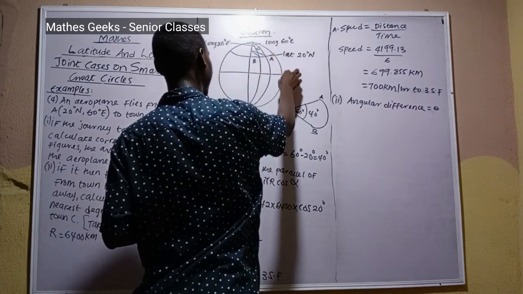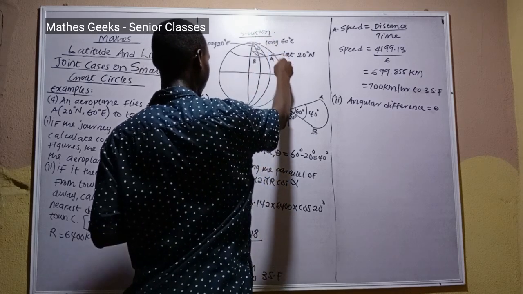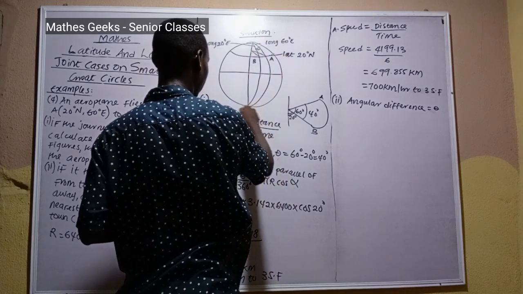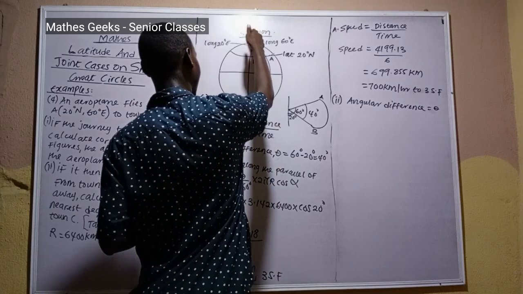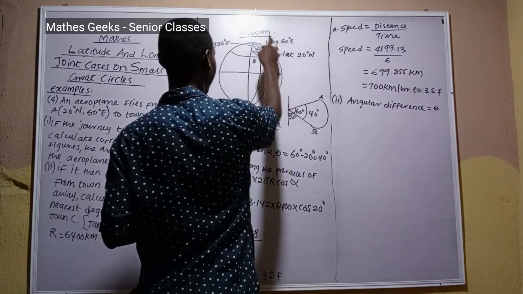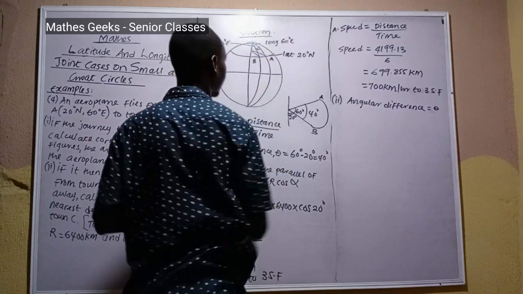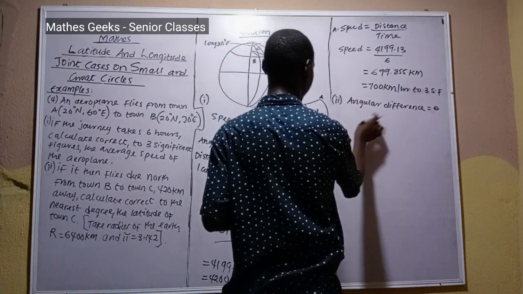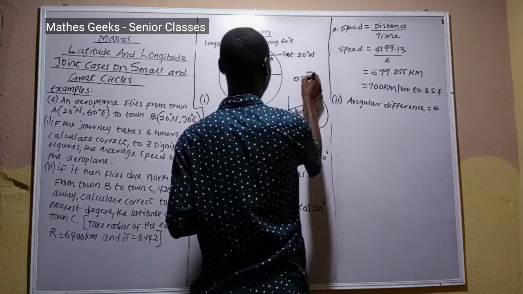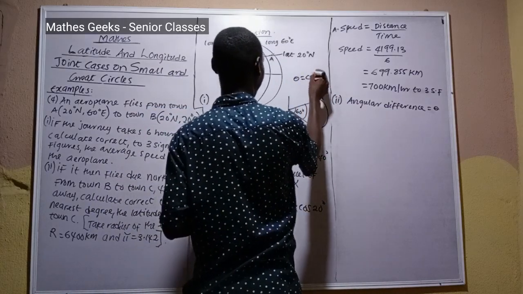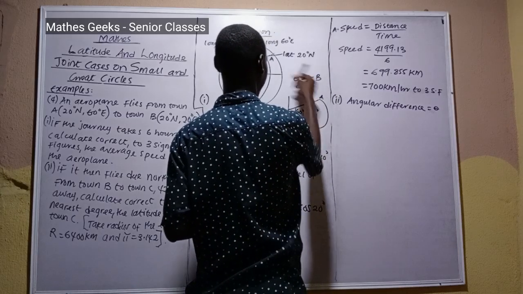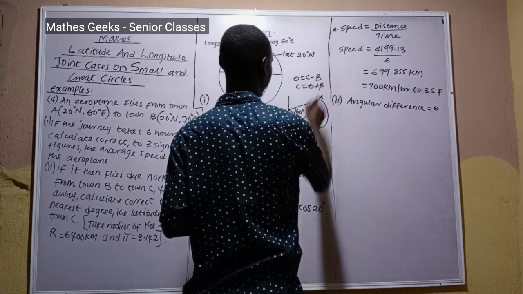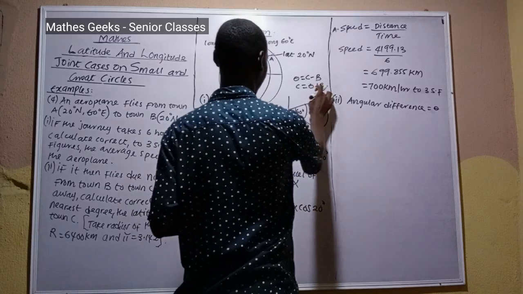It also increases as you go towards the South Pole. Since C is due north, above B, the latitude of C would be greater than the latitude of B. So in a nutshell, angular difference theta would be C minus B, so C is equal to theta plus B. Just keep this at the back of your mind.